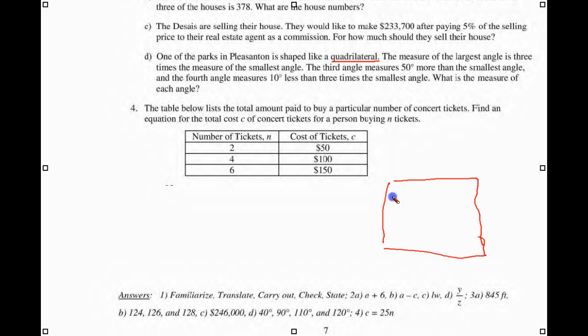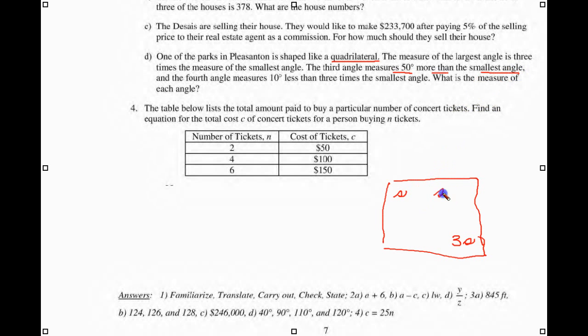So we're going to say this side is the smallest angle, S. So the largest one is going to be 3S. So so far we know a smallest angle, and we know 3 times the smallest. Then the third angle is 50 more than the smallest angle.